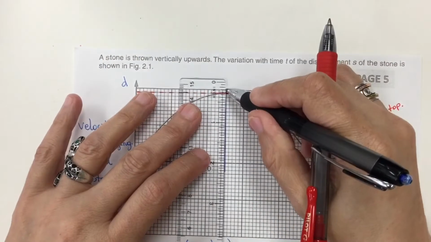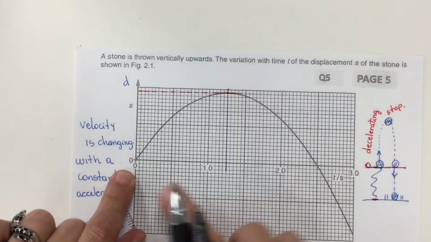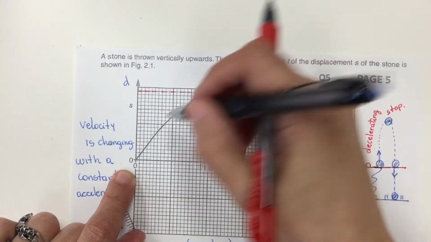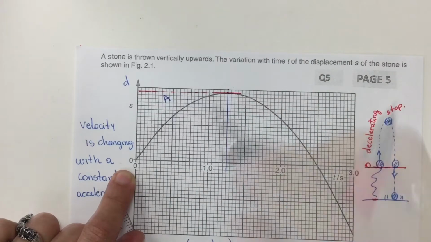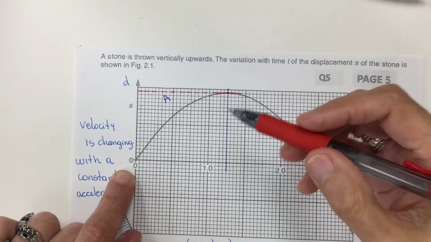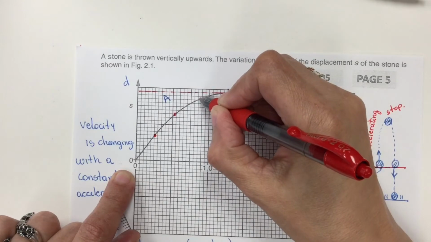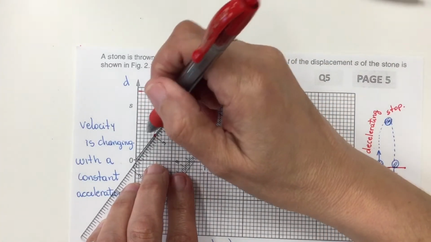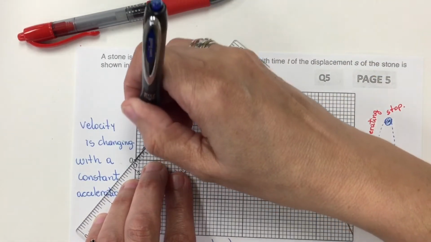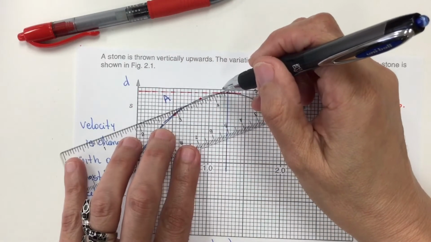So let me cut this section right here in the middle. And here, I will say that the stone is decelerating. So let me call this section, section A. Another clue that it is decelerating is that on any distance time curve, we can pick 1, 2, 3 points and draw a tangent line that passes through that point but does not cross the line, like I'm doing right now.